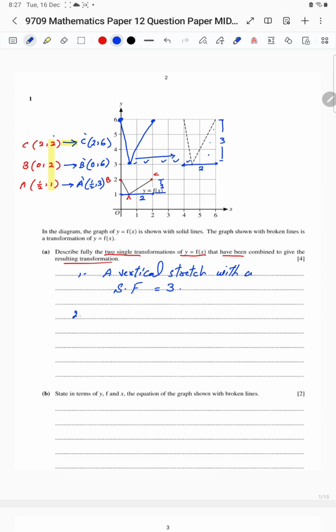So we can say a horizontal translation with translation vector (4, 0). We do not need to translate this along any vertical axis.